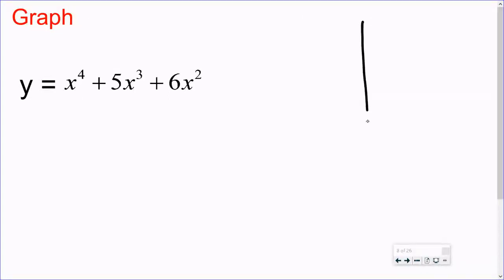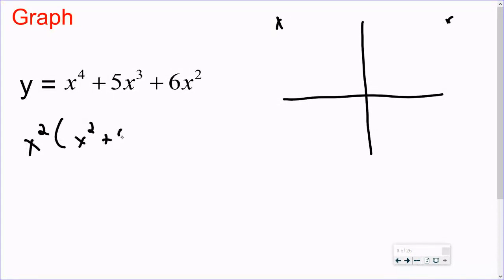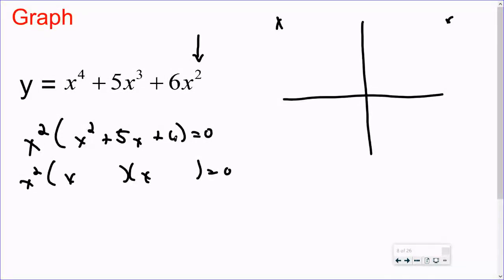One last example here before we're done. Even, positive. Take out that x squared. All right, now typically whenever the variable's here, if I see it in all 3, it's usually the smallest exponent that I can take out of all of them. Multiplies to make 6, adds to make 5. That's 3 and 2.